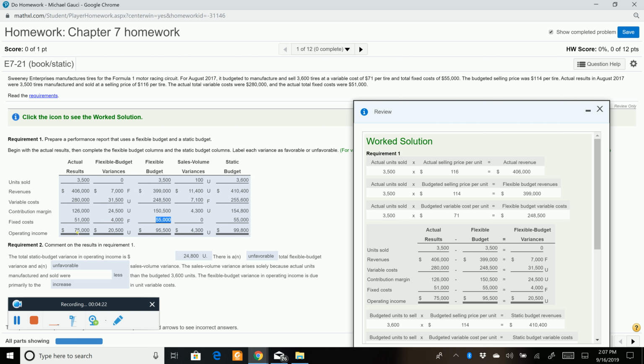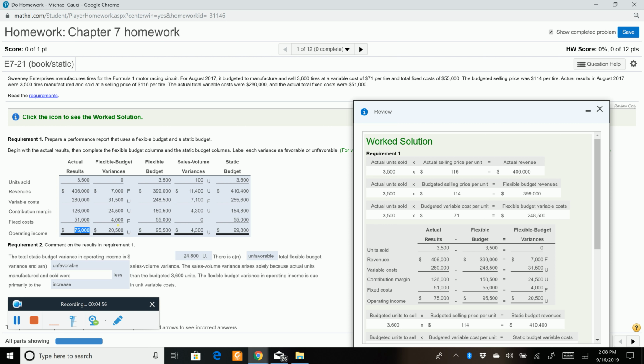So the overall variance, which is the actual results, $75,000, versus the overall static budget, $99,800, we have an overall level 1 variance. It's unfavorable. But when we flex the budget, we have the difference between $95,500, which is the operating income we were expecting at the 3,500 unit level of activity, but we only got $75,000 in operating income.